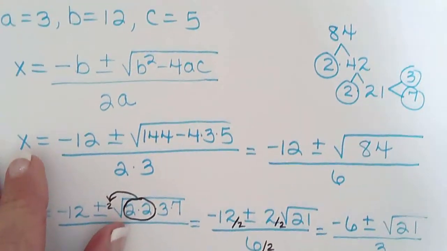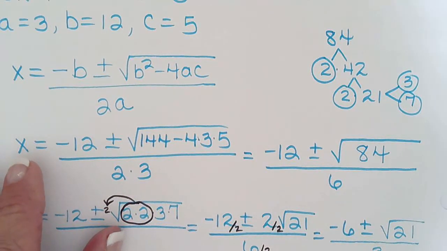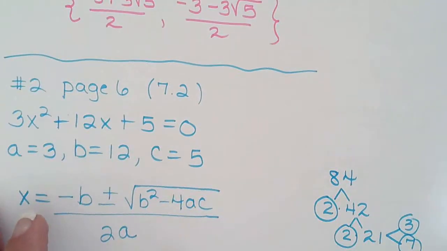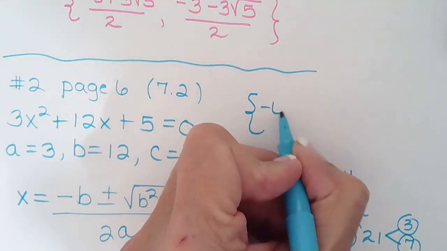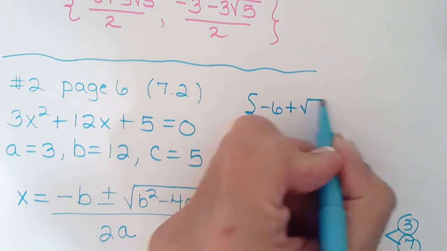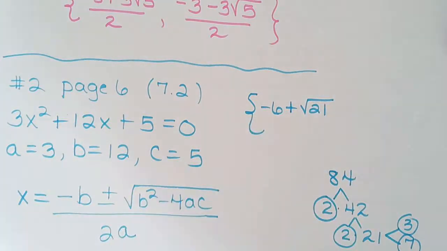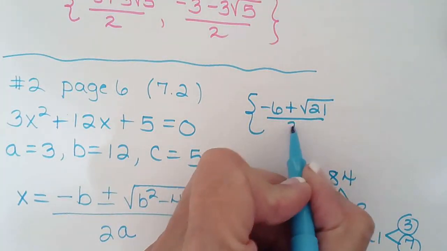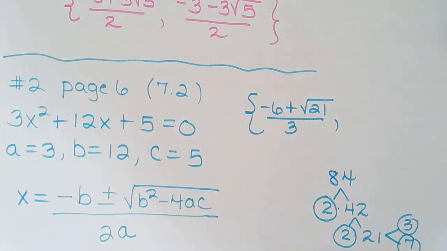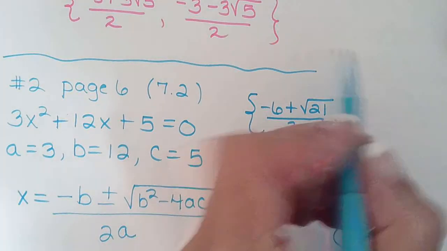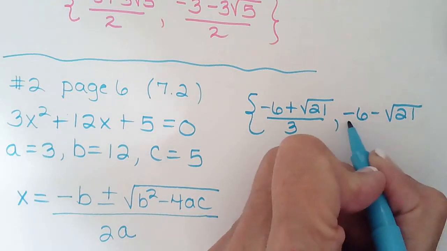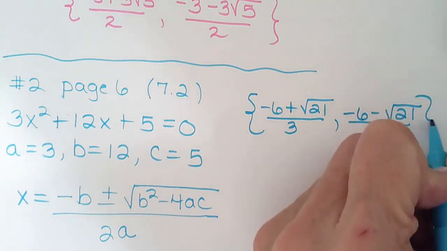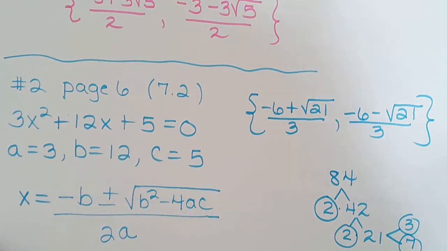So now let's go up and write that in our solution sets. So that'll be -6 plus radical 21 over 3 and -6 minus radical 21 over 3. And there you have it.